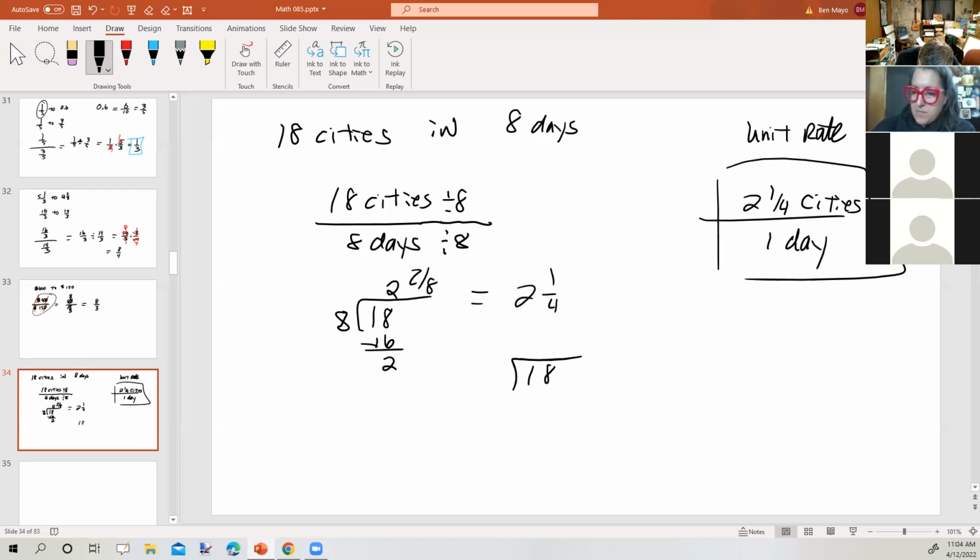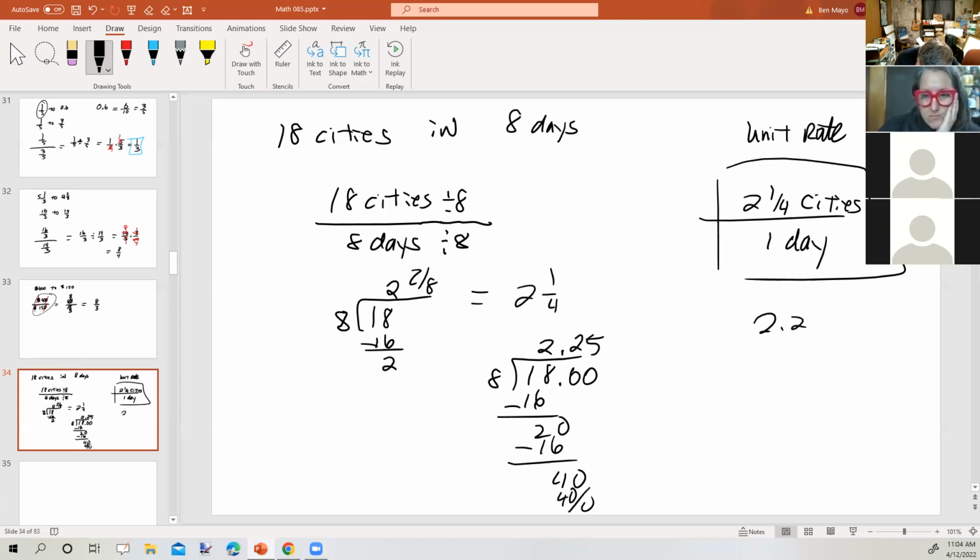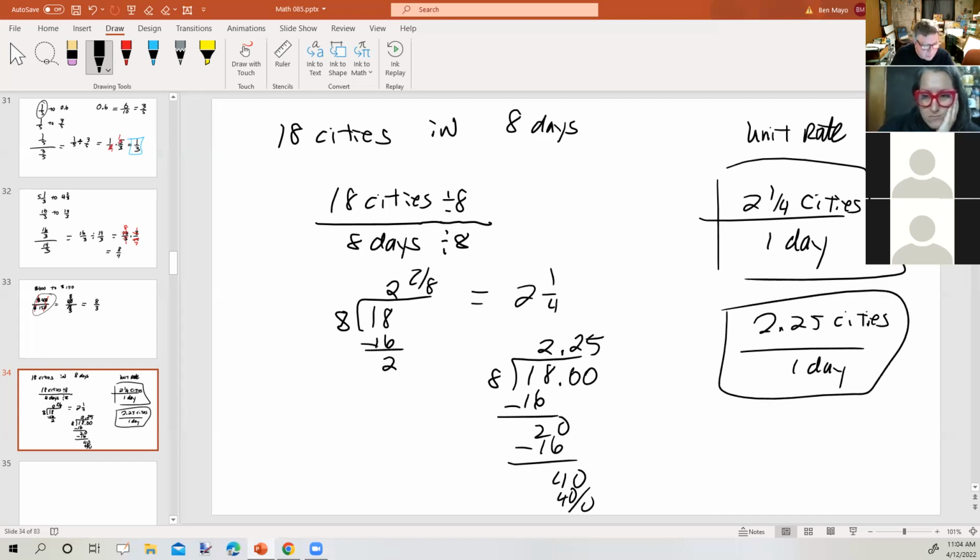Or I could say, well, I'm going to go with a decimal, and I could get 2.25 cities per day. Now, in WAMAP, on a specific problem, it might say use a mixed number, use a decimal. If it specifically asks for one and you give the other, even though they're equivalent, it will mark it wrong. So you've got to follow the directions. When all else fails, read and follow the directions, okay? Or maybe even before all else fails. Any questions about this example?